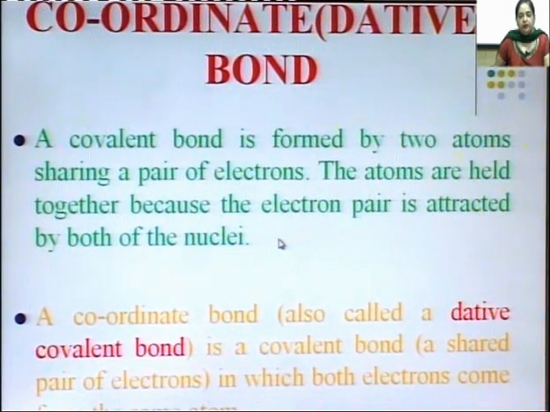A coordinate bond, also called a dative covalent bond, is a covalent bond in which both electrons come from the same atom.